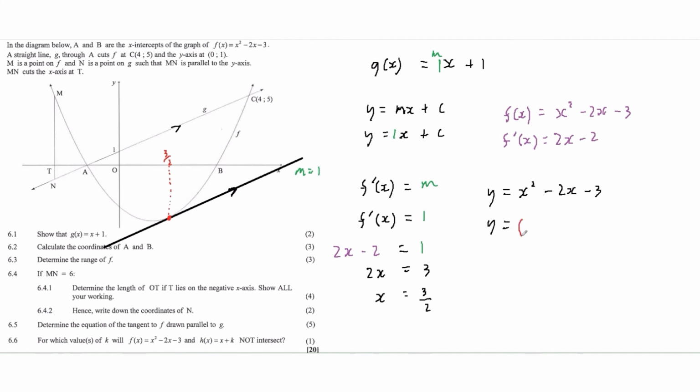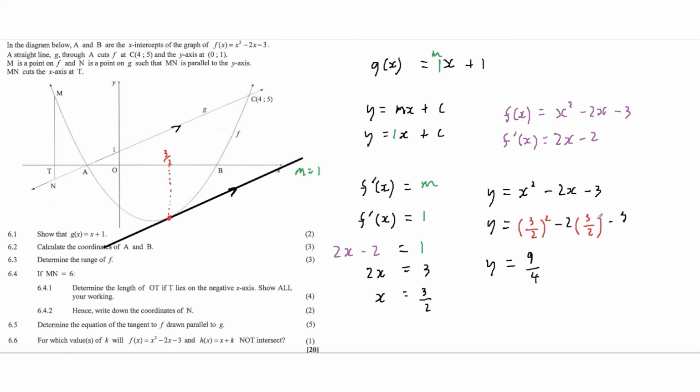So we're going to substitute that into our equation and solve for y. 3 over 2 squared is 9 over 4.